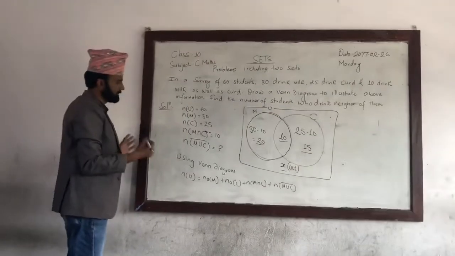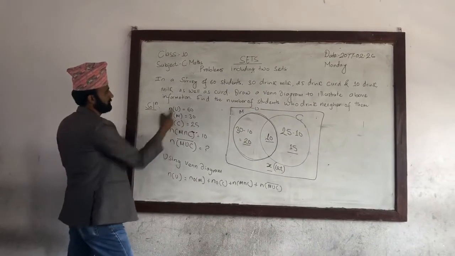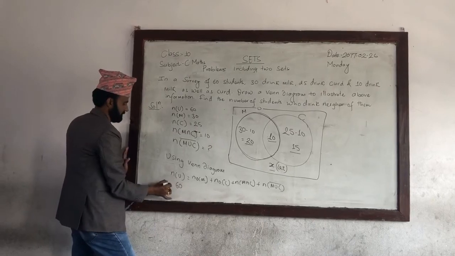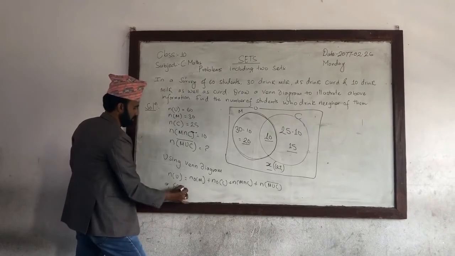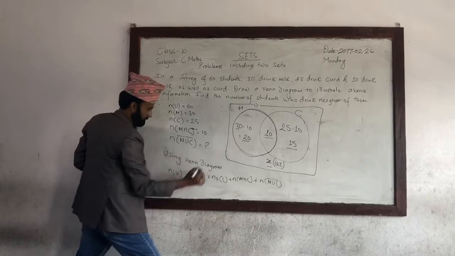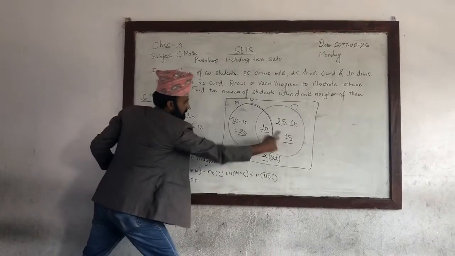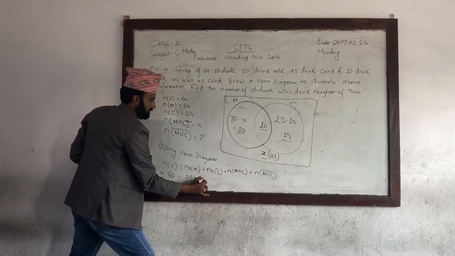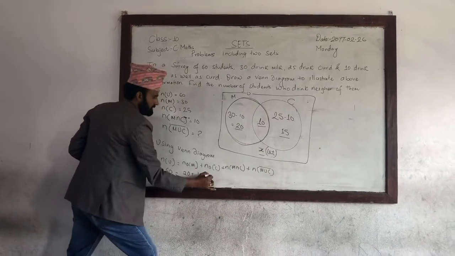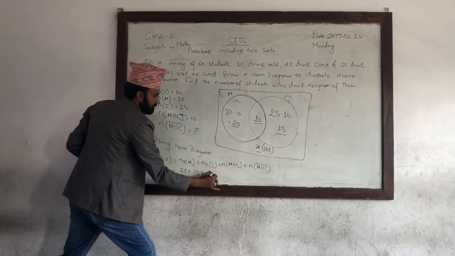And just put the values in. n of U is 60, equal to only 20 plus 15 plus 10 plus X.